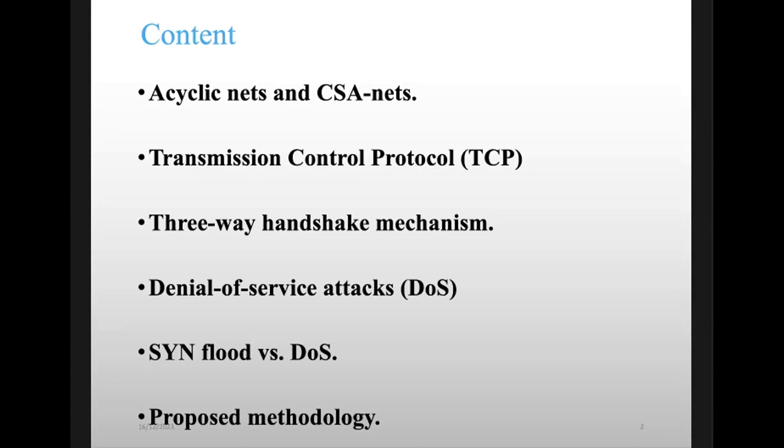In the end, I will show you the proposed solution in both structure and behavior, or semantics, to detect such kind of attack by using colored communication structure acyclic net.